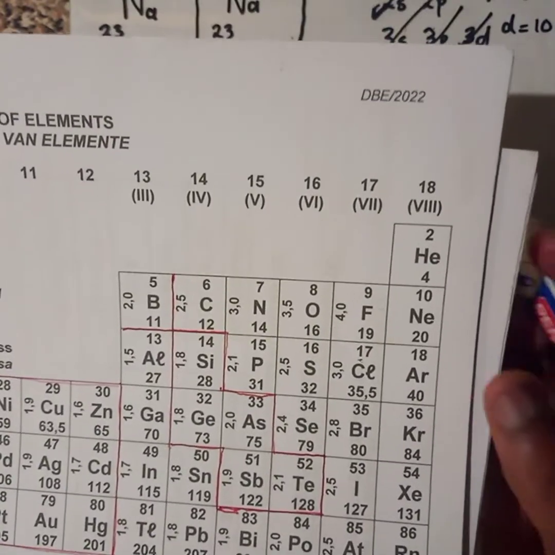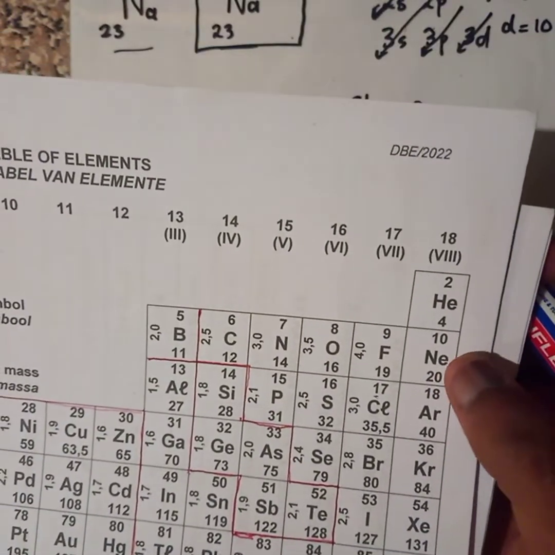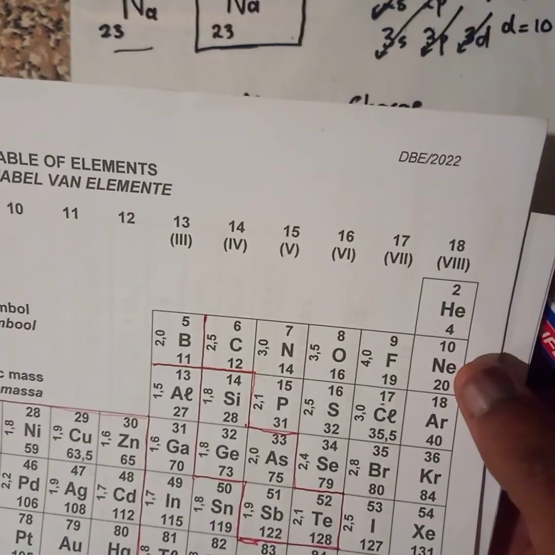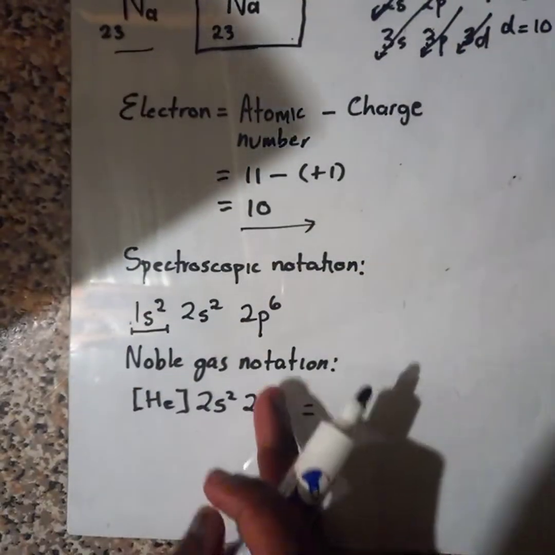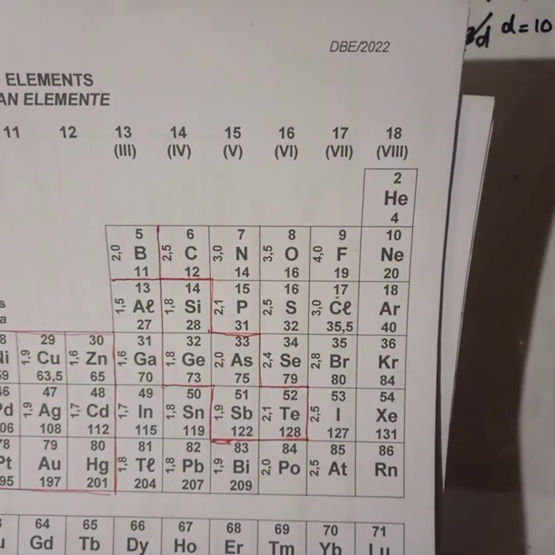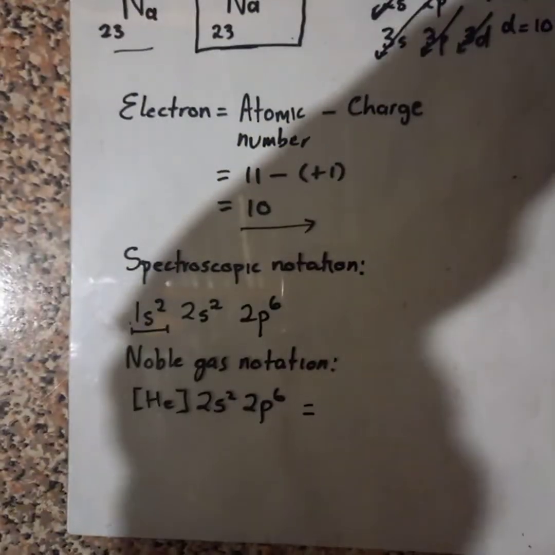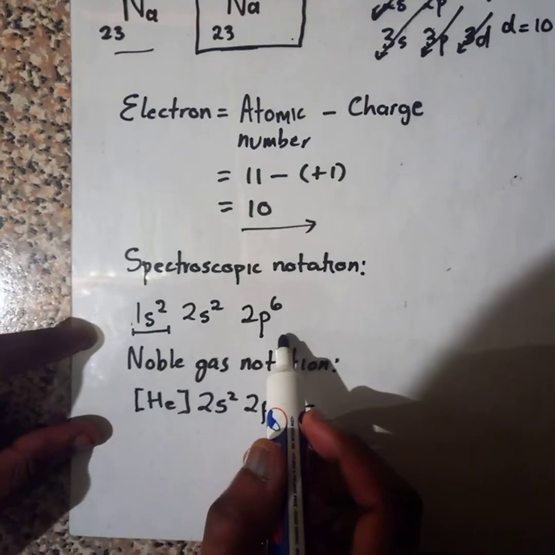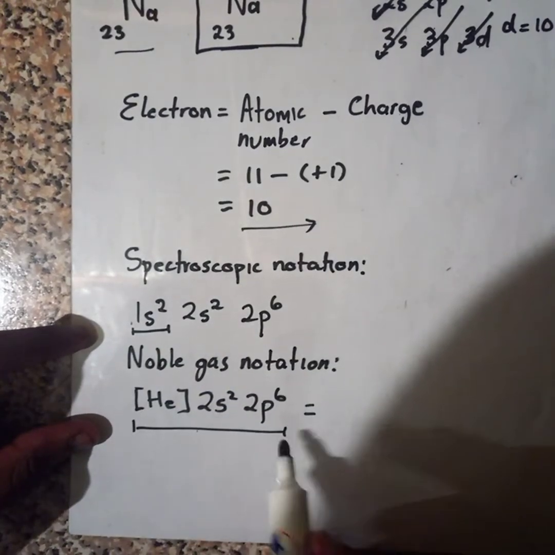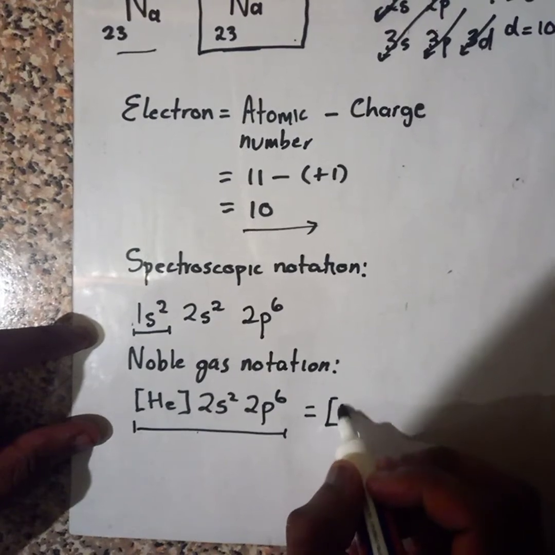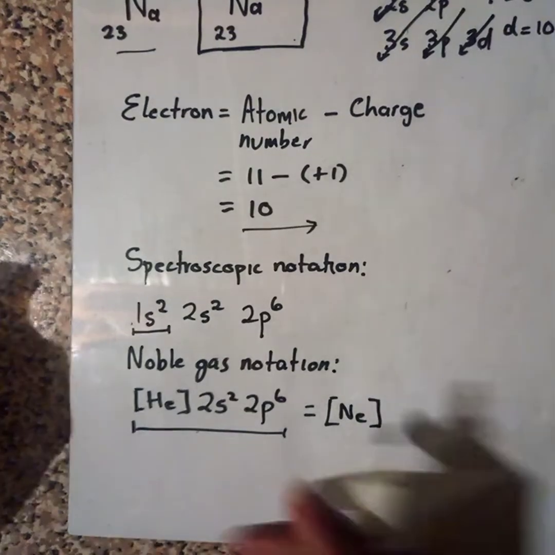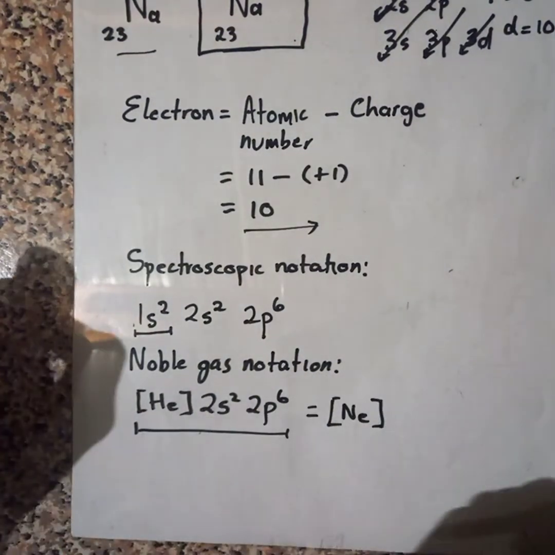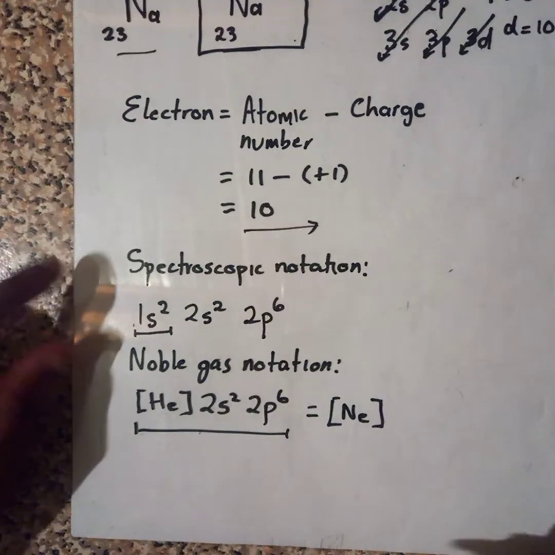At the end of the day, neon is going to be the maximum one with the number of electrons that correspond to the given one. Then neon has 10 electrons. Then we can replace the entire part from here till here with neon. But don't forget to include the brackets when writing the noble gas notation. See, so simple.